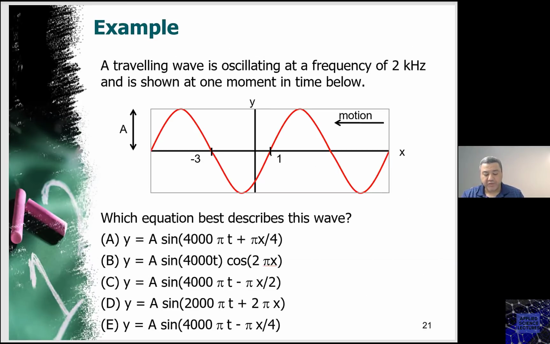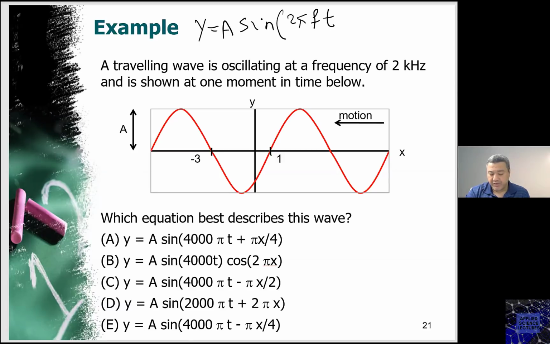Example: we have a traveling wave. A traveling wave is oscillating at a frequency of 2 kilohertz and is shown at one moment in time below. Which equation best describes this wave? We know that it is going in the negative x direction, so the sign should be positive. So let me write here, I have y equals amplitude A sine omega t, and omega here is 2 pi f t.